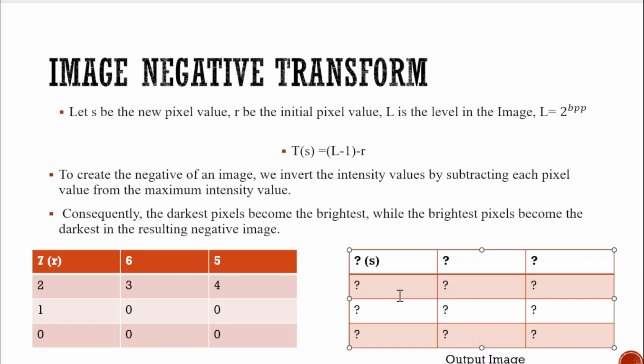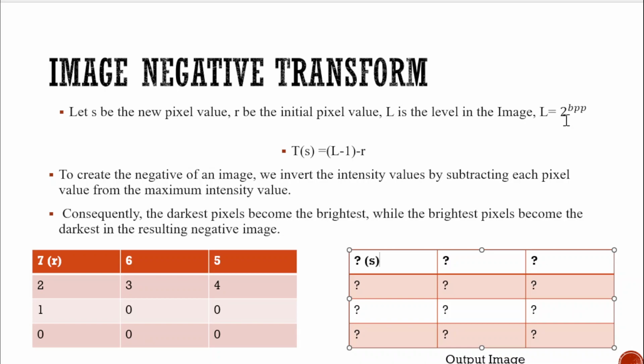This is one of the basic transformations. The formula says S equals T(R), that is, the value of each new pixel depends on the old pixel. It's a linear transformation: S equals L minus 1 minus R. Here L minus 1 is basically the representation of the white color pixel. L is 2 raised to power BPP.